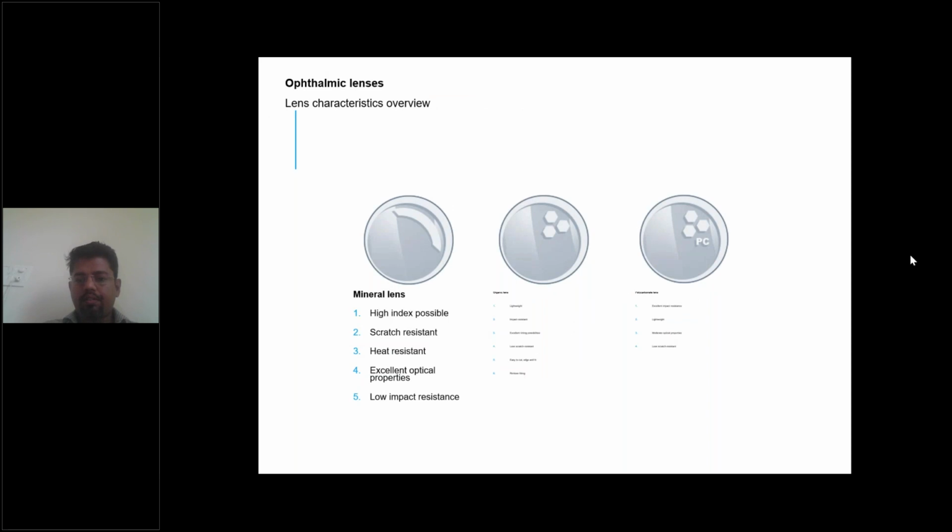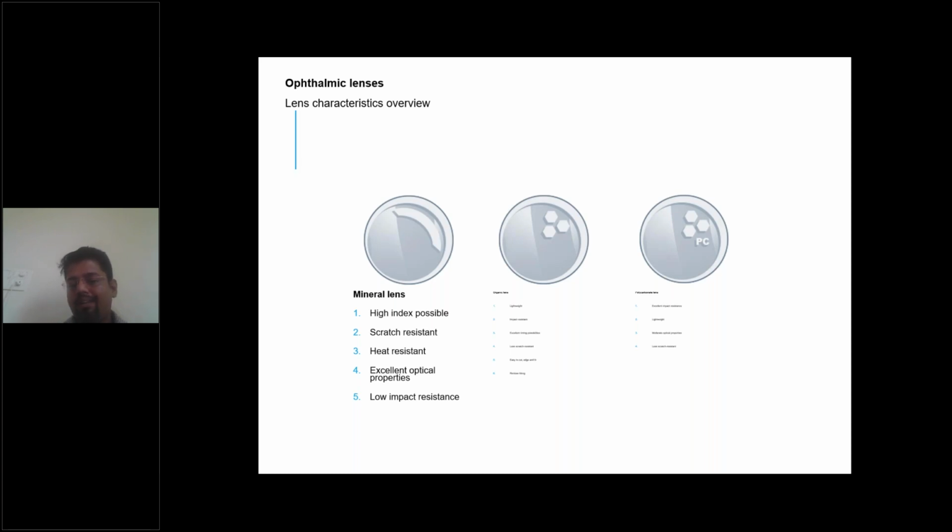So I was just talking about the organic lenses, the types of lenses. We all know it. Organic lenses are the normal lenses, CR39, whereas polycarbonate has excellent impact resistance. We usually say it's an unbreakable kind of lens. Even if you try to break it with a hammer, it rarely breaks.